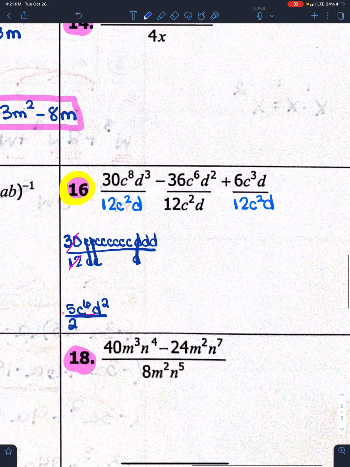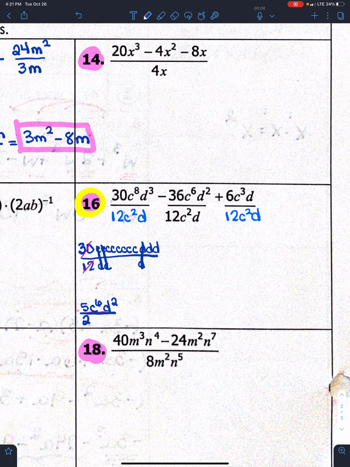Now looking at that second one, negative 36. So I have negative 36, 1, 2, 3, 4, 5 c's. Nope, 6 c's and 2 d's.